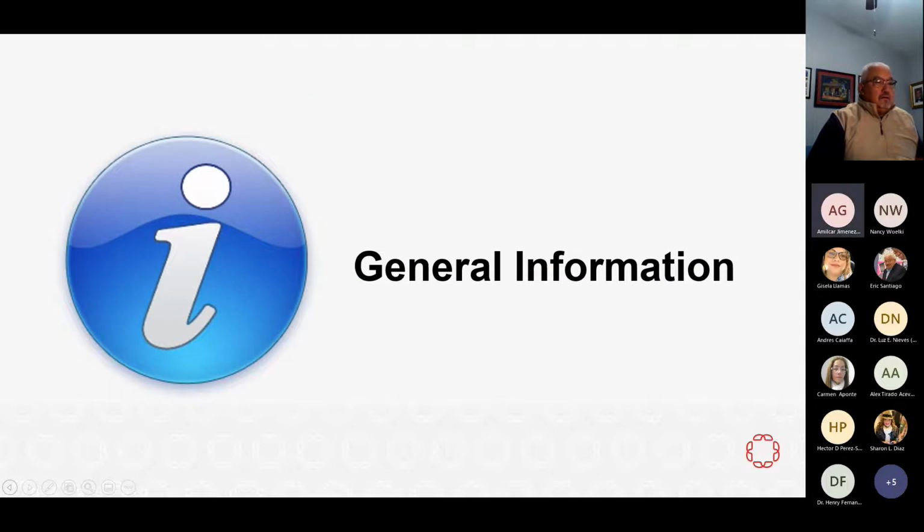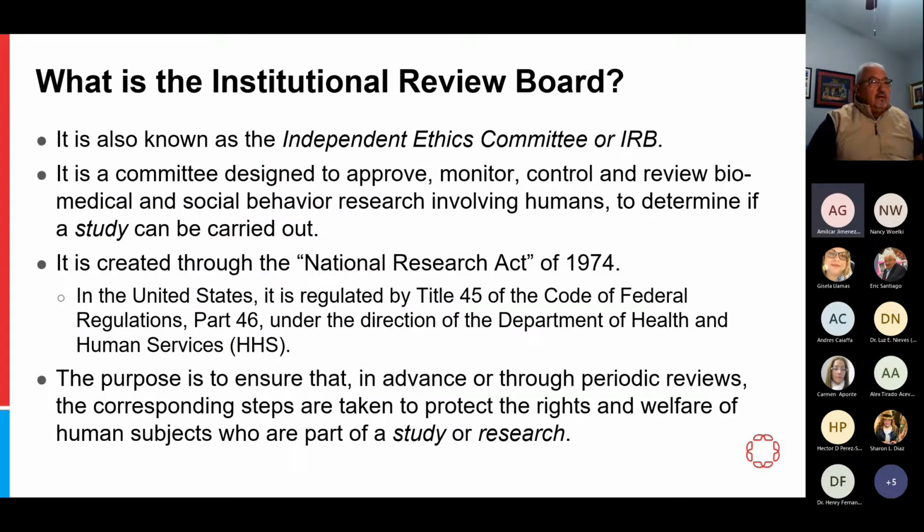So let's start with a little bit of information. What exactly is the IRB? Well, the IRB is also known as an independent ethics committee, and this committee is designed specifically to approve, monitor, control, and review biomedical, social, and behavioral research involving humans in order for us to determine if that study, if that research can be carried out.